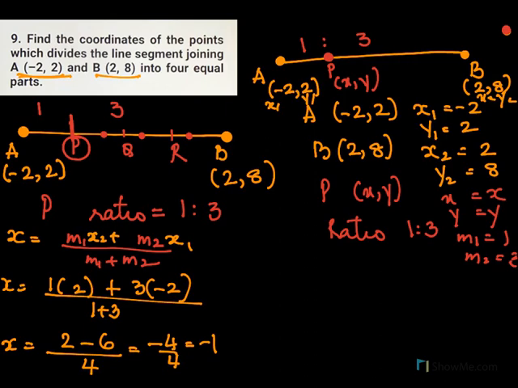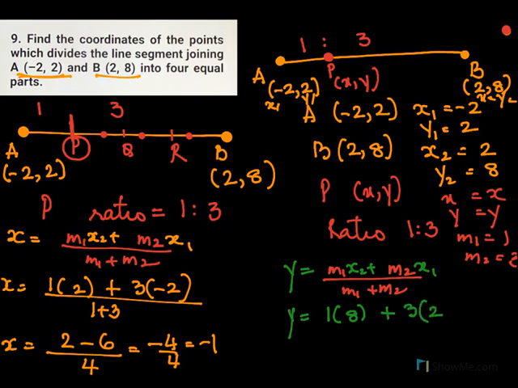Now to find the coordinate of Y, we have M1 Y2 plus M2 Y1. So your Y will be 1 into 8 plus 3 into 2 over M1 plus M2, 1 plus 3.